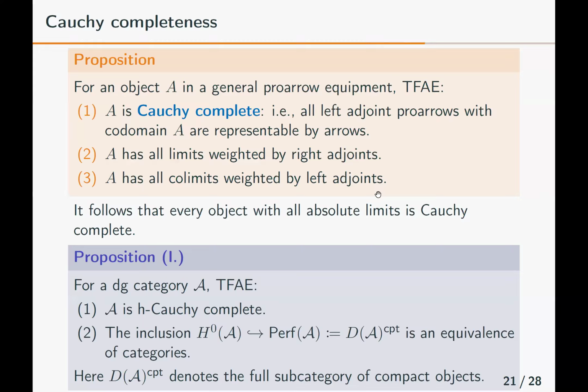In our homotopical equipment, we can characterize homotopy Cauchy complete DG categories A as those for which H0A is equivalent to the full subcategory of compact objects of DA.